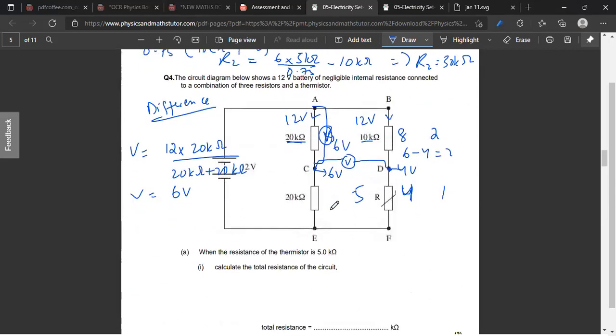Since the resistance is decreasing, V equals IR, so R is decreasing, so V will also decrease. Why? Because it will consume a lower proportion; it's directly proportional to the resistance if the current remains constant.